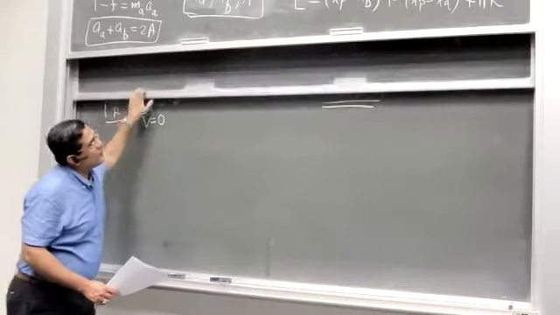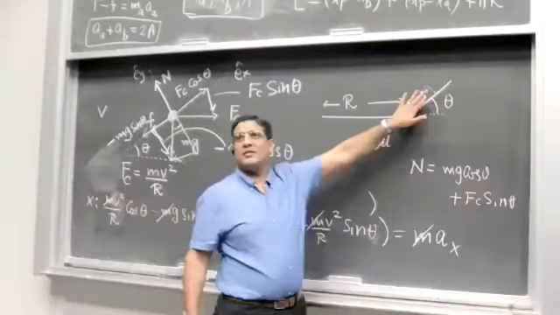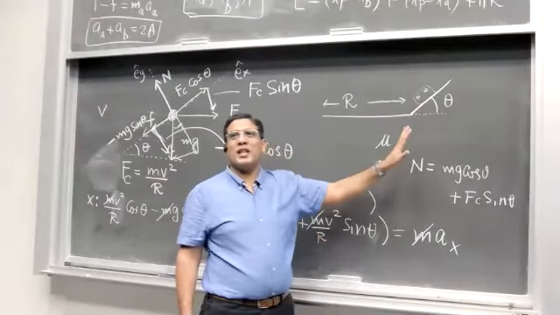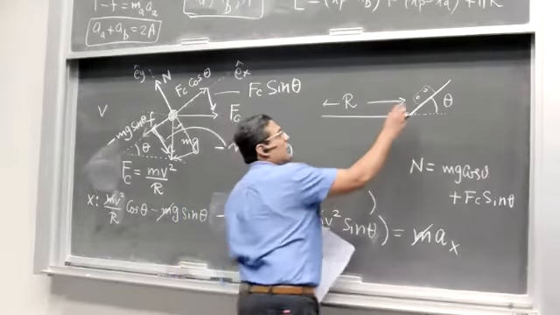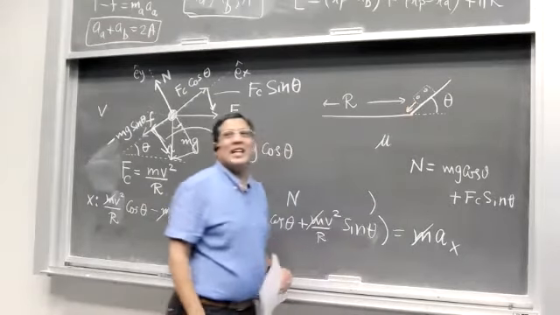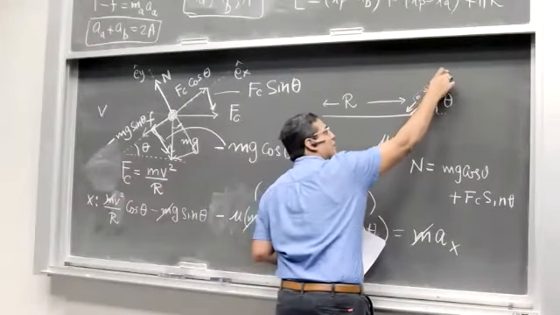If I could pull down the figure here, we say the car is standing here and it's not moving. So all the contributions coming from its angular speed are gone. The only force that is acting on it along this direction is its weight. And in this case, the friction should be opposing this motion upwards.